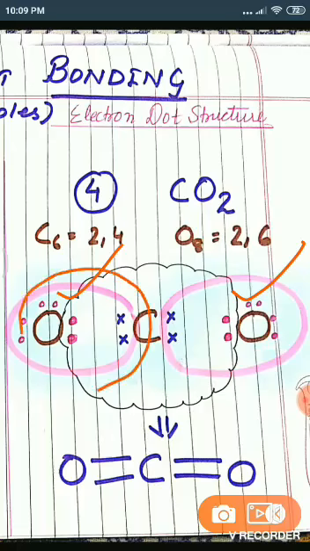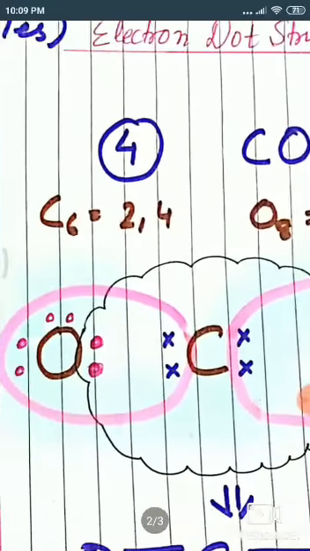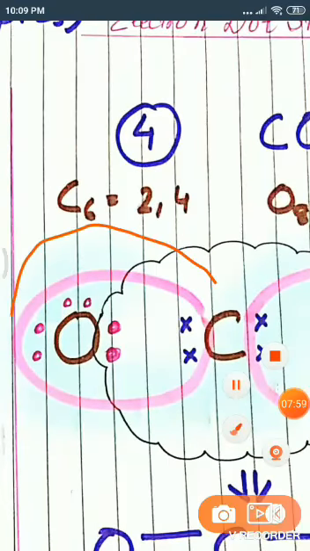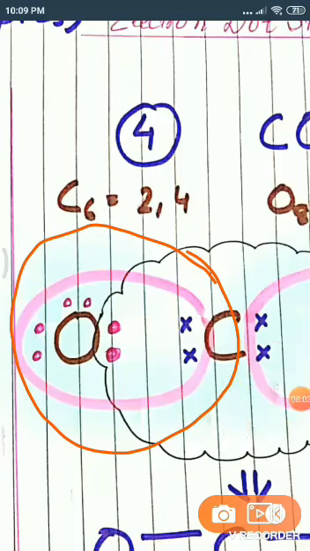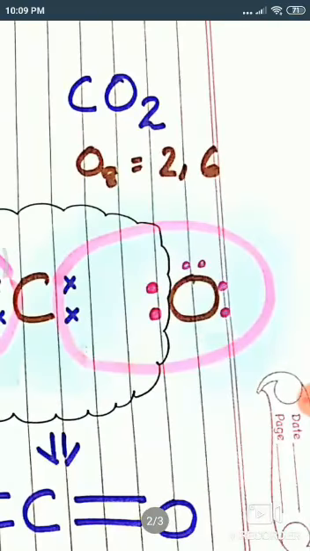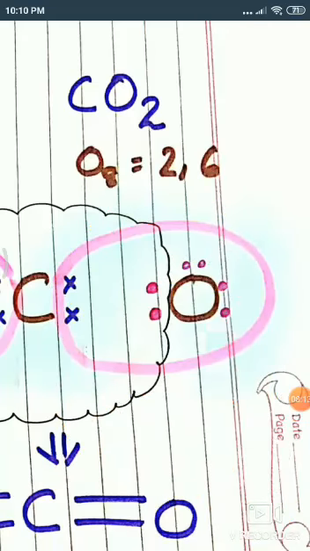See this pink circle. Can you see this pink circle? I'll zoom it for you. This pink circle, 6 plus 2, 8. Again here, this pink circle, 6 plus 2, 8. So do you understand what I'm trying to say?